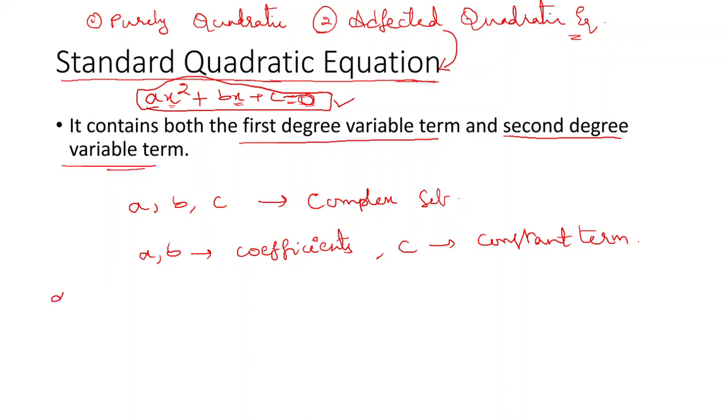So if we take alpha as a root of this equation, then a alpha square plus b alpha plus c is equal to 0.